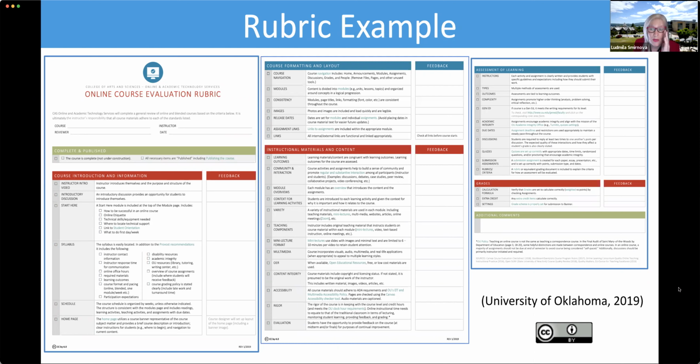Instructional materials and content, assessment of learning: how clear the instructions are, what types of assessment are involved, what the complexity is, how outcomes are presented, what due dates, discussions, quizzes, and how grading occurs in the course. So this is one of the rubrics at the University of Oklahoma.